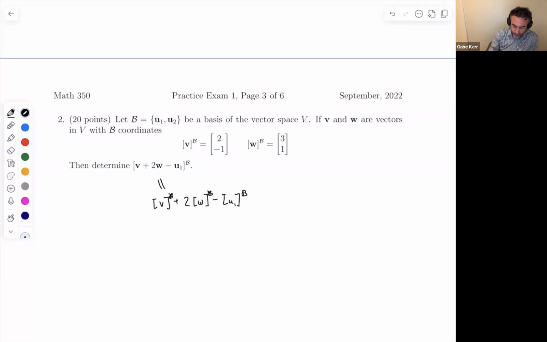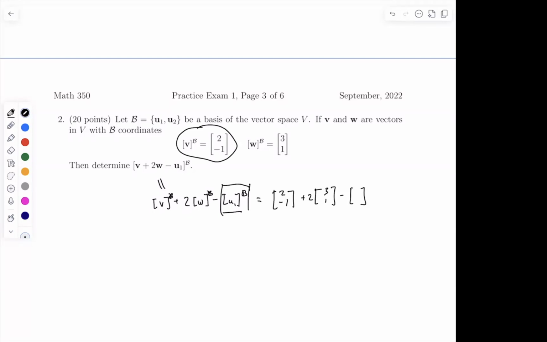Coordinates like that. And when you do that, you know what V is. I say so here. You know what W is. So 2 times (3, 1). And now here's where I'm asking, what is U1 with respect to B? So what is it? (1, 0).